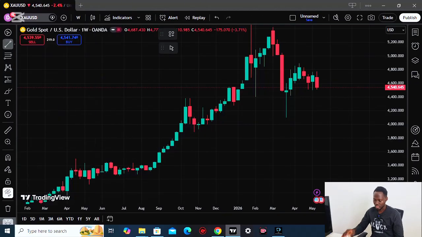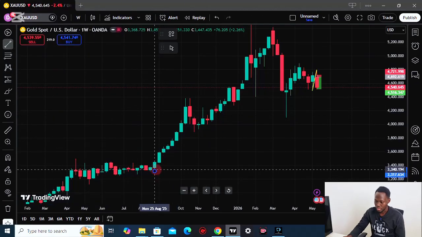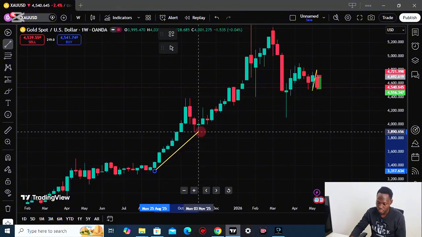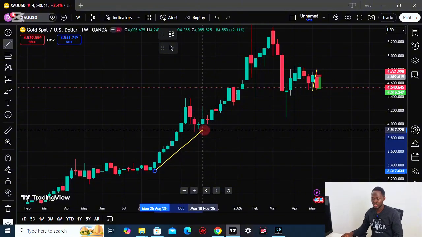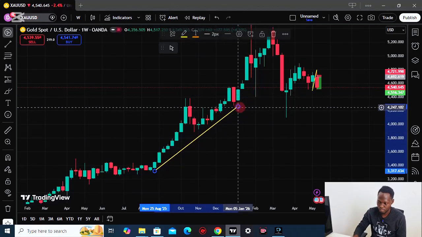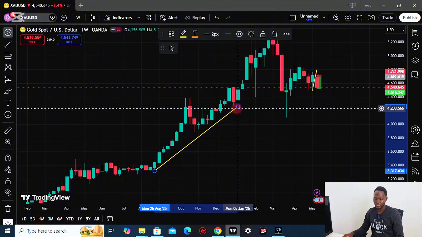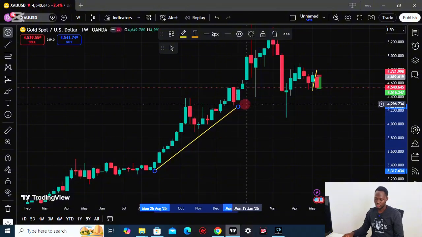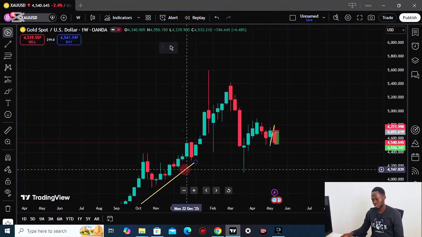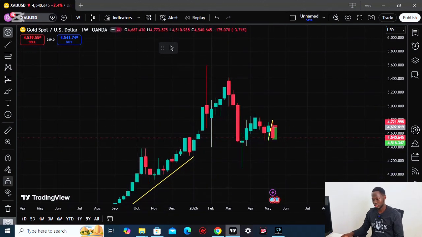I'm going to be placing a trend line, as you see, from this swing to something like this.